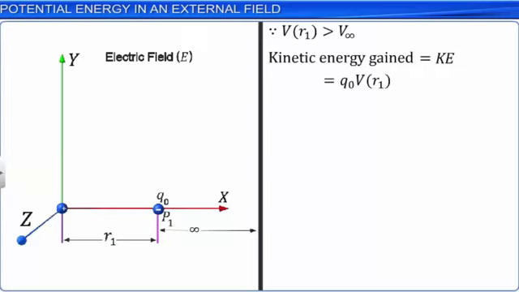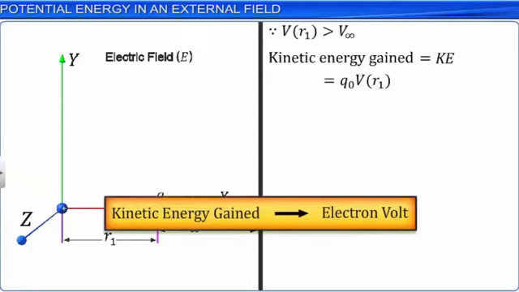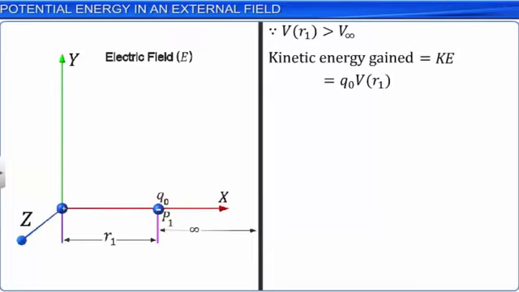The magnitude of the charge on the electron is 1.6 into 10 power minus 19 coulomb, and V of R1 is equal to 1 volt. Therefore, the kinetic energy gained will be equal to 1.6 into 10 power minus 19 joule. This kinetic energy gained by the electron is called 1 electron volt. Electron volt is defined as the kinetic energy gained by an electron when accelerated under a potential difference of 1 volt.